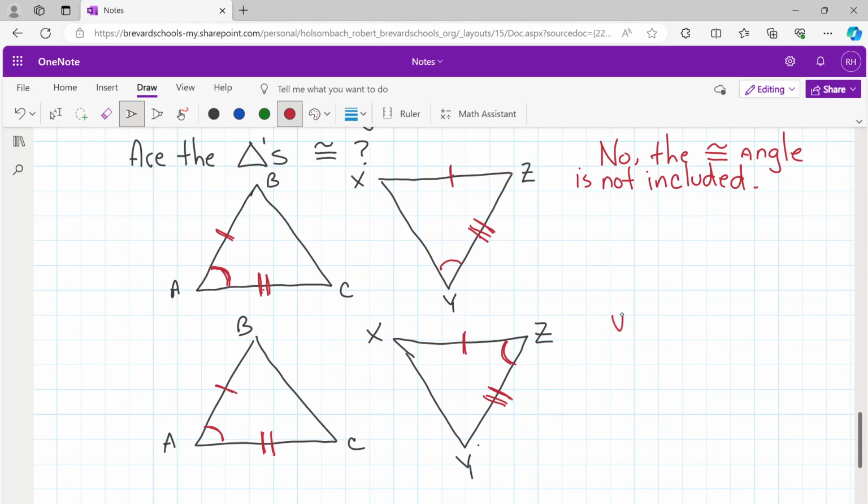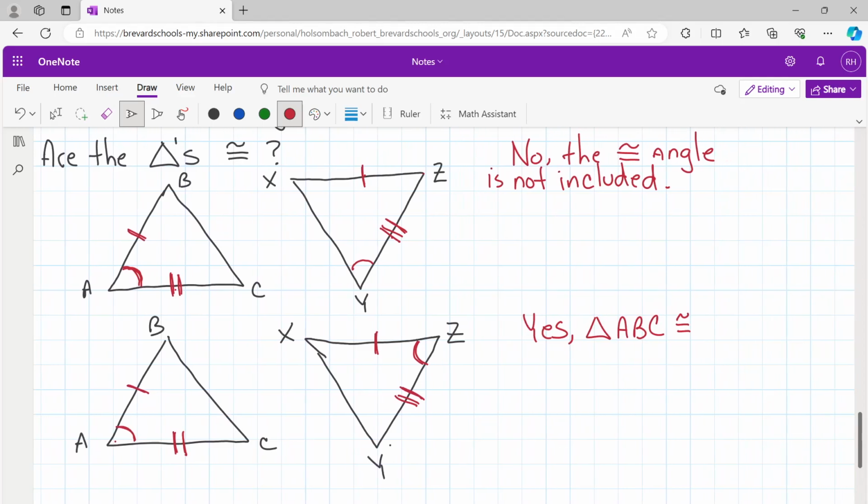All right, so yes. Triangle ABC is congruent to triangle. If we started with A, we need to start with Z. Triangle Z, and we went from A to B. So we went across the one tick mark.